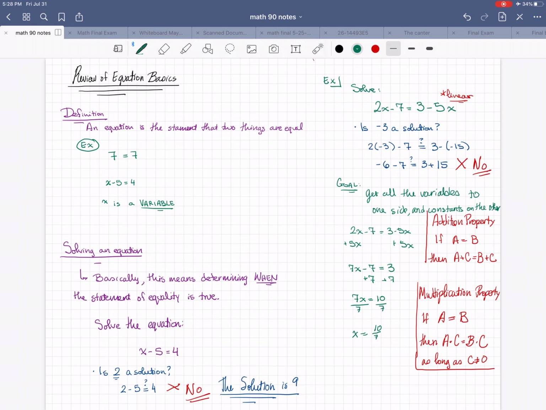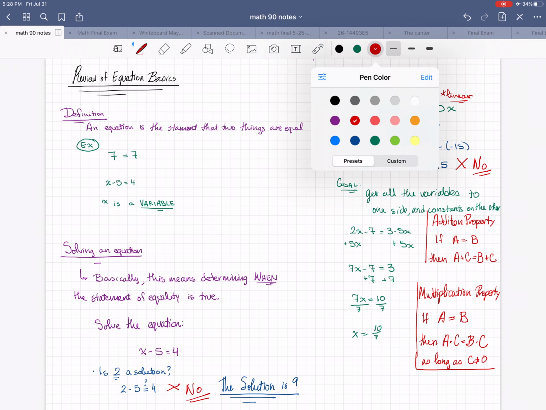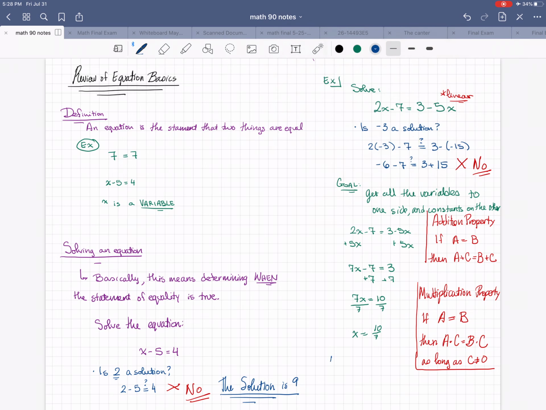But now this is an equation to which the solution is clear. What does x have to be in order for x to be 10/7? It almost sounds silly coming out. But we should always finish this by saying the solution is 10 over 7.